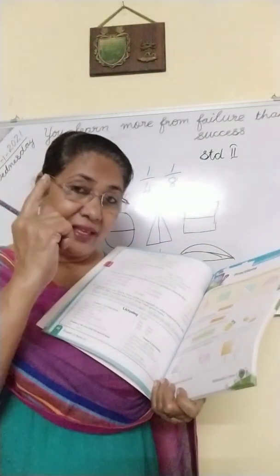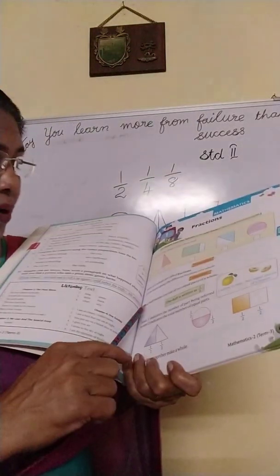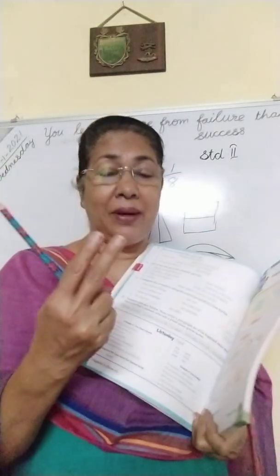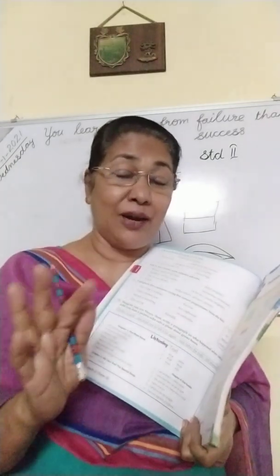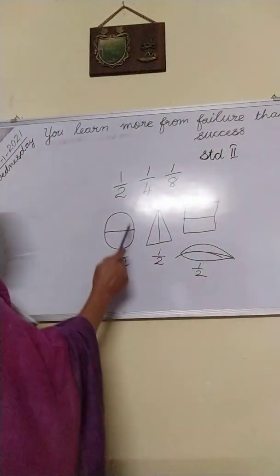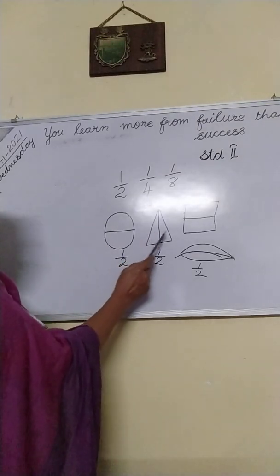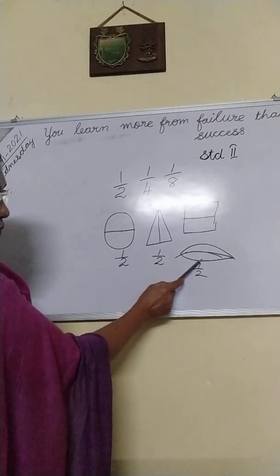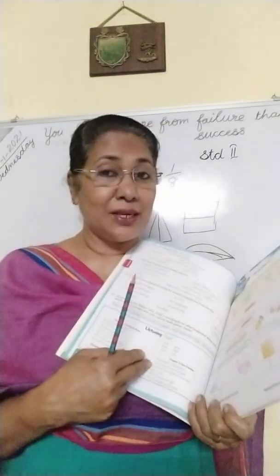Out of 1, 2 equal parts are called half. See, this is 1, this is 2 equal parts. This is also 2 equal parts. That is called half. So keep that in mind.